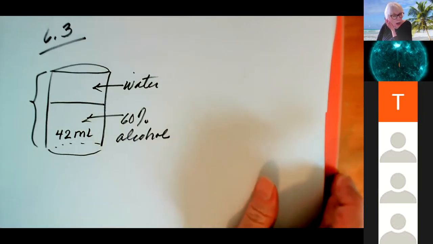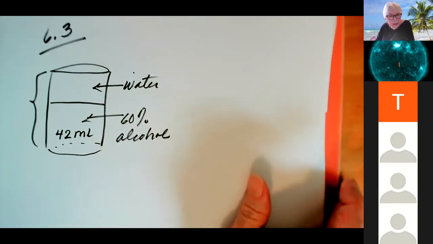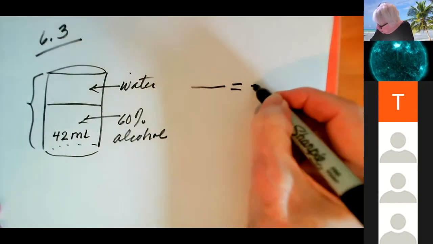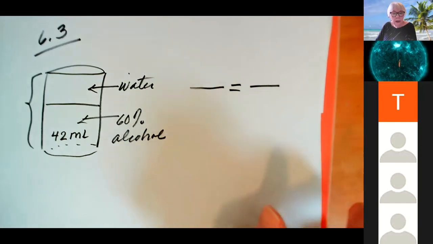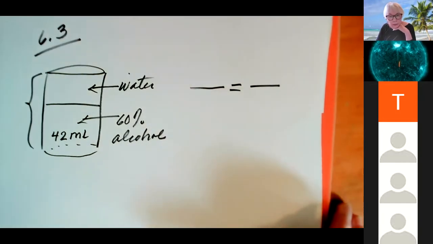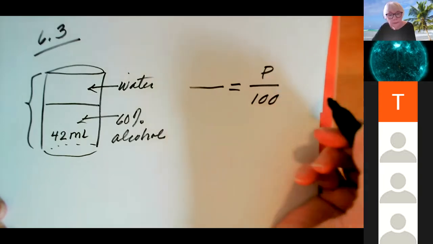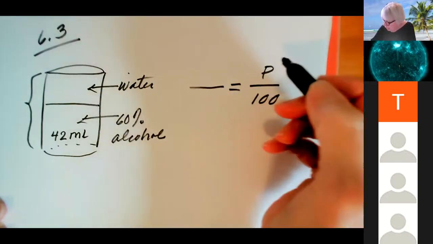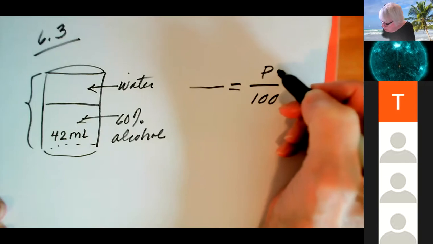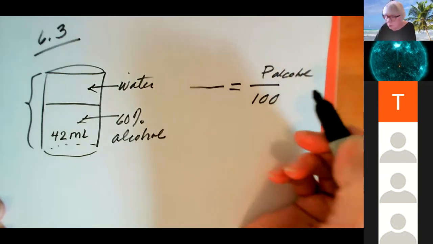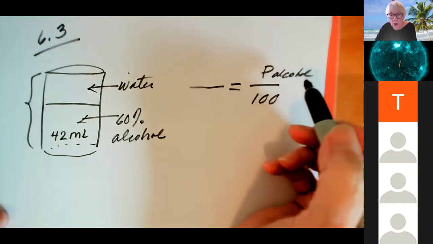So I showed you two ways to do these problems, and this way might work very nicely for this problem. The percent over 100, and this is percent of alcohol, because that's what we're given. So that's percent of alcohol.